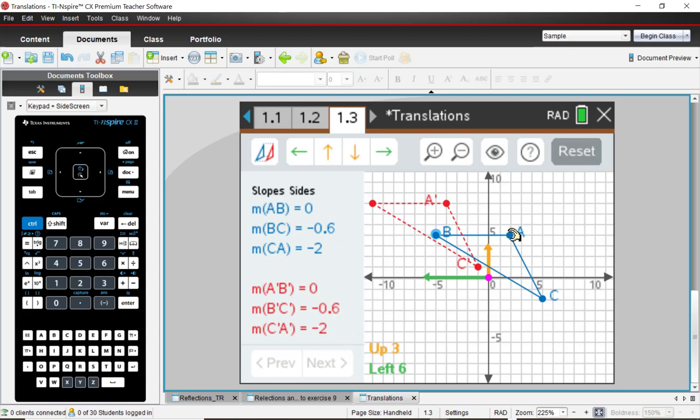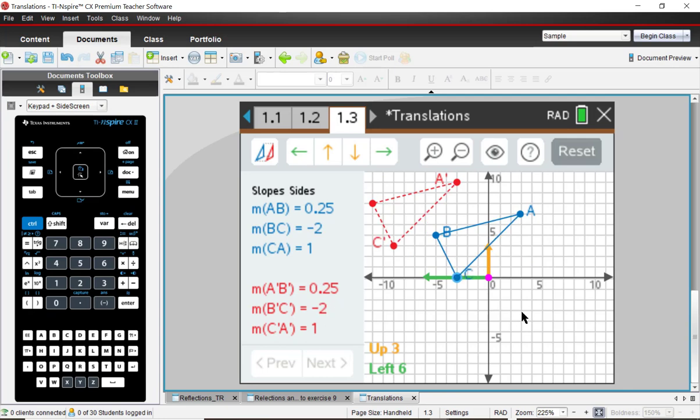We'll grab A. And we'll grab C. Again, what seems to be true about those? They do have corresponding slopes equal.